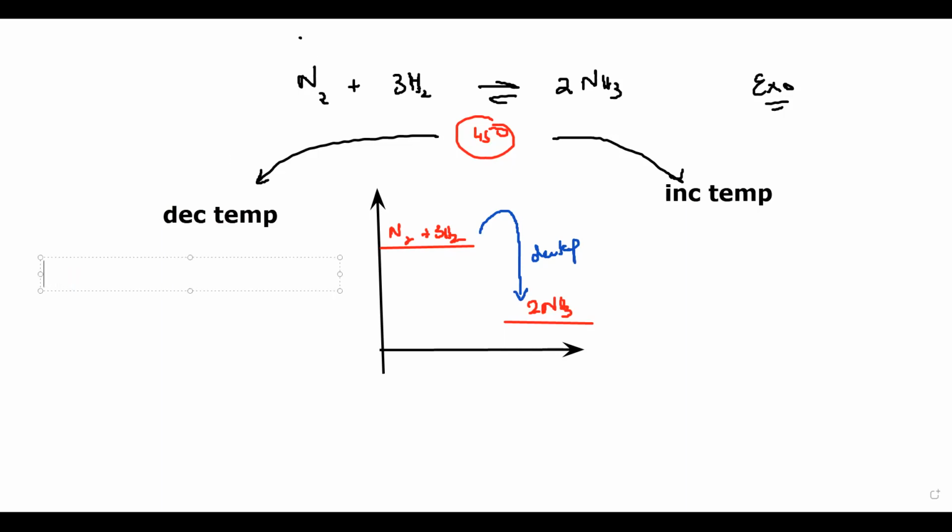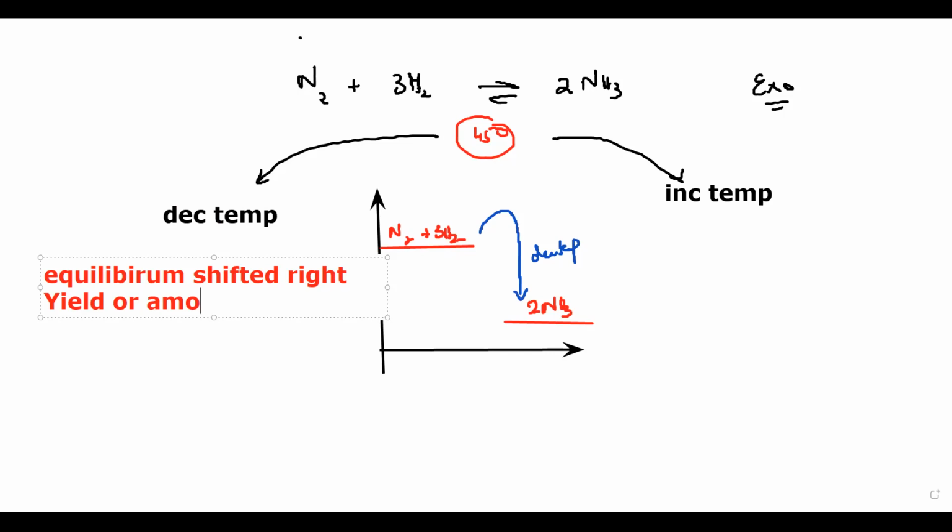If the equilibrium is shifted right, the yield, or the amount of ammonia, will increase. We'll get more ammonia.